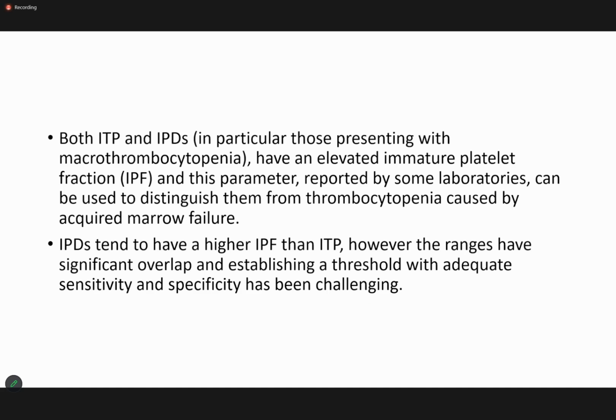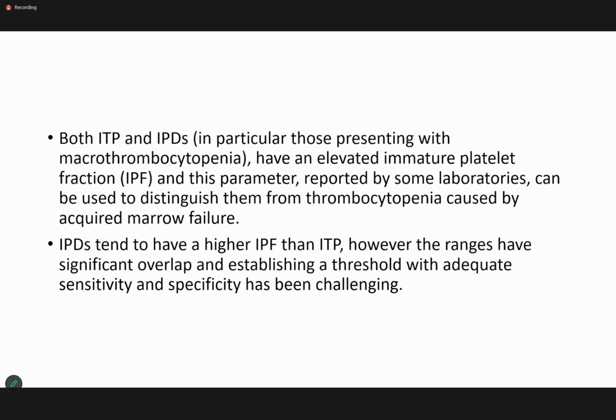Apart from the MPV, okay, mean platelet diameter, we also have the IPF. Okay, basically both ITP and IPDs, inherited platelet dysfunction, in particular those presenting with macrothrombocytopenia, will have an elevated IPF.